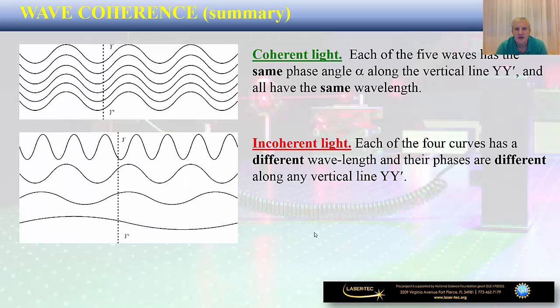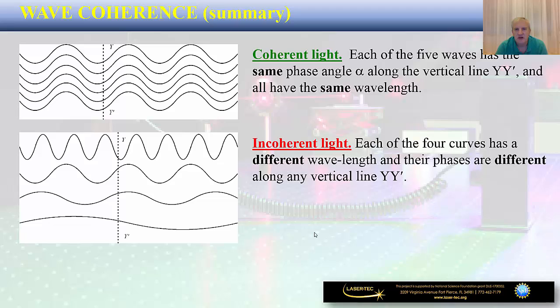So to summarize, the light based on its phase may be either coherent, where the waves are synchronized from the phase perspective, and in order to have a coherent light, multiple waves would have to have the same wavelength.